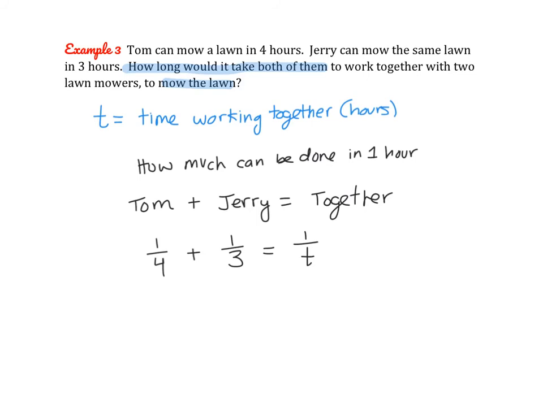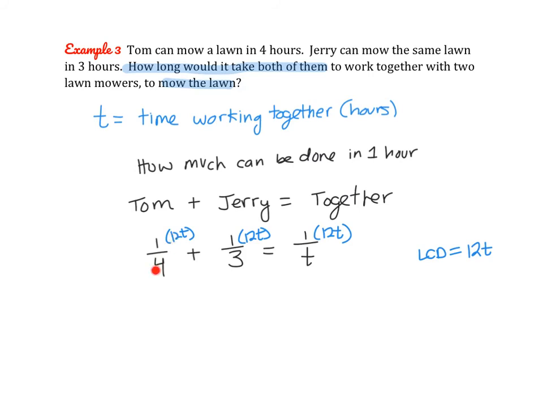So you can see that this is a rational equation. So we can solve this equation by multiplying everything by our LCD. So if we have 3, 4, and t, our LCD is 12t. So I'm going to go and multiply both sides of our equation, every term, by 12t, and that will clear our fractions.